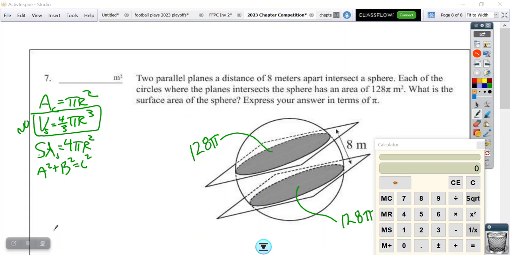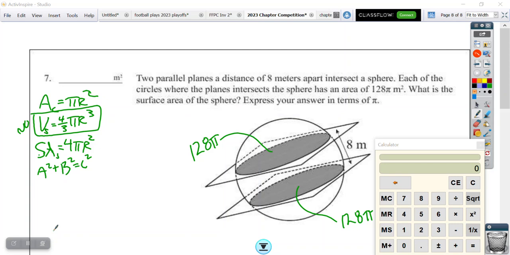All right, so in this problem, number 7, chapter competition, target round, 2023, we have two planes that are intersecting a sphere. The planes are intersecting the sphere in such a way that the area of the plane inside the sphere, both of them have the same area. There's only one way this can happen.